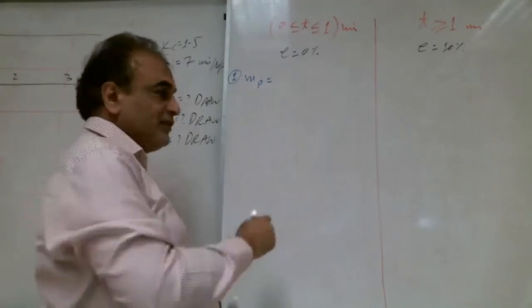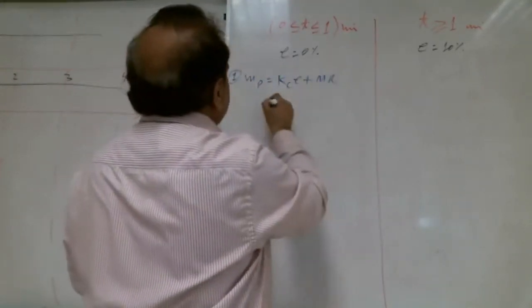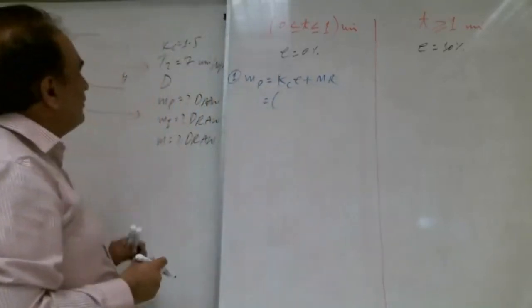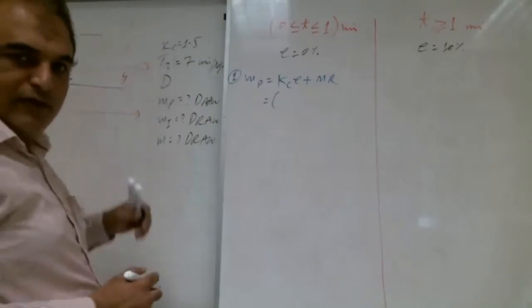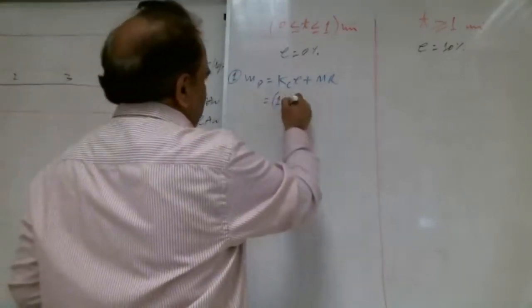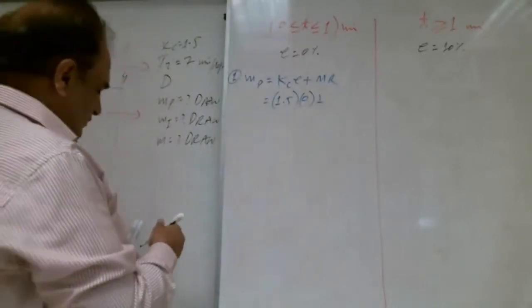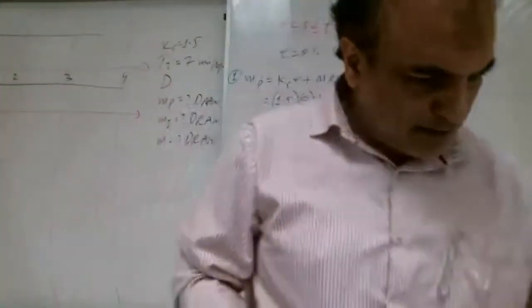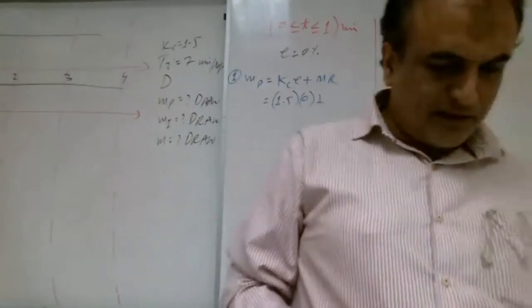KC multiplied by error plus MR. Very good. How much is KC? 1.5. That's good. What is the error? 0. What is MR? How much is it? It is given here, I forgot to write. 20%.